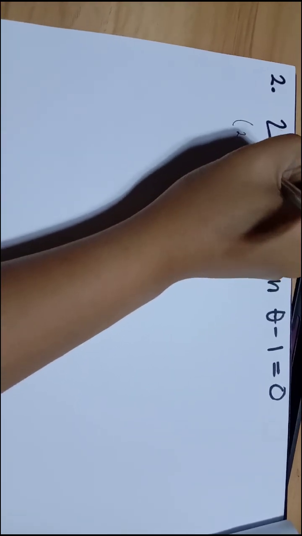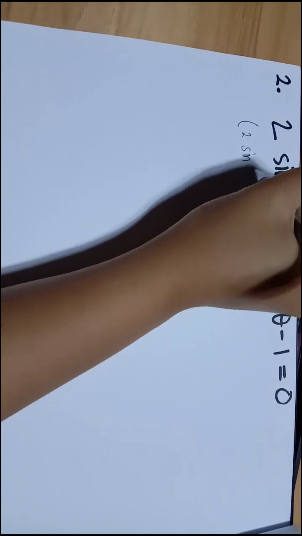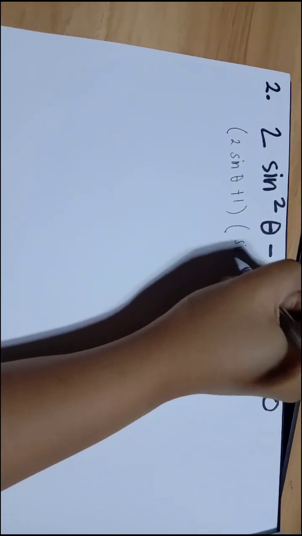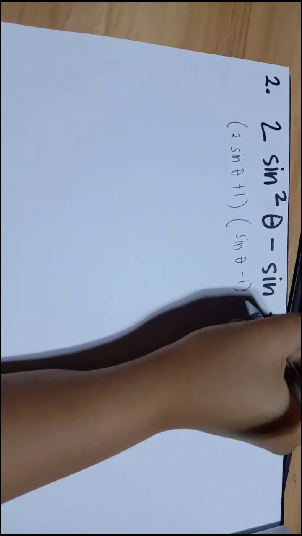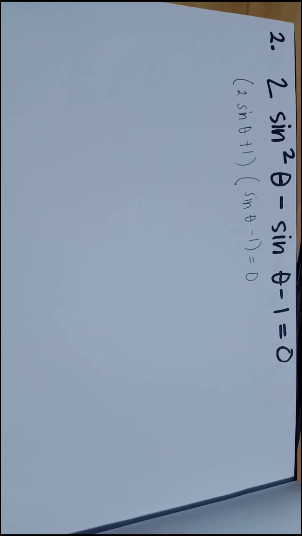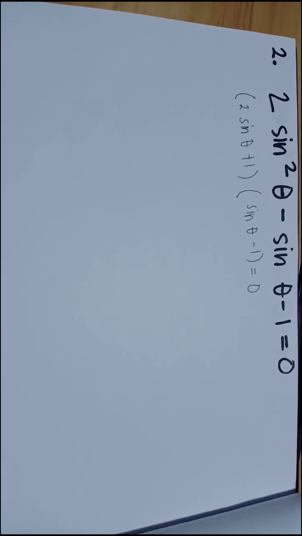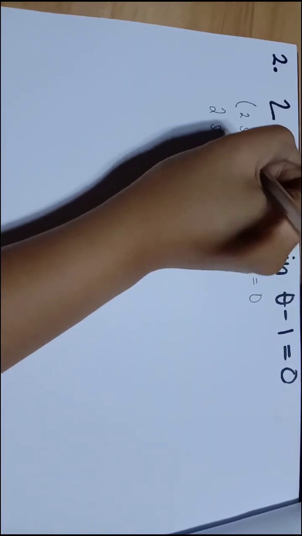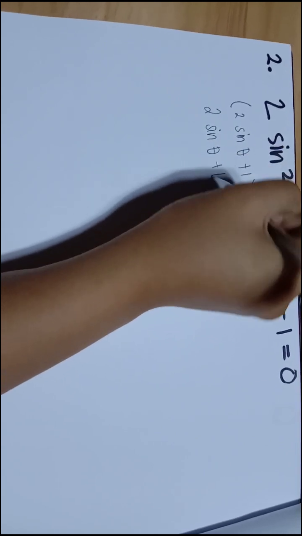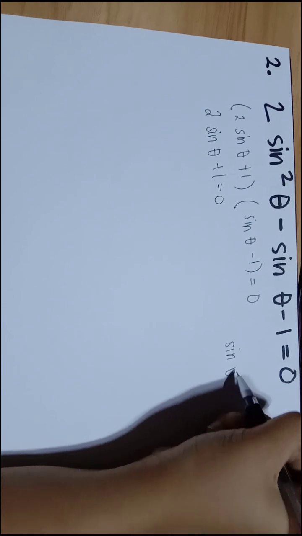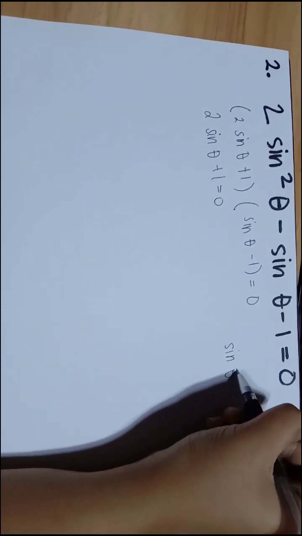This is now 2 sine theta plus 1, sine theta minus 1 equals 0. Now, we will be equating each factor to 0. So, we have 2 sine theta plus 1 equals 0 and the other one is sine theta minus 1 equals 0.